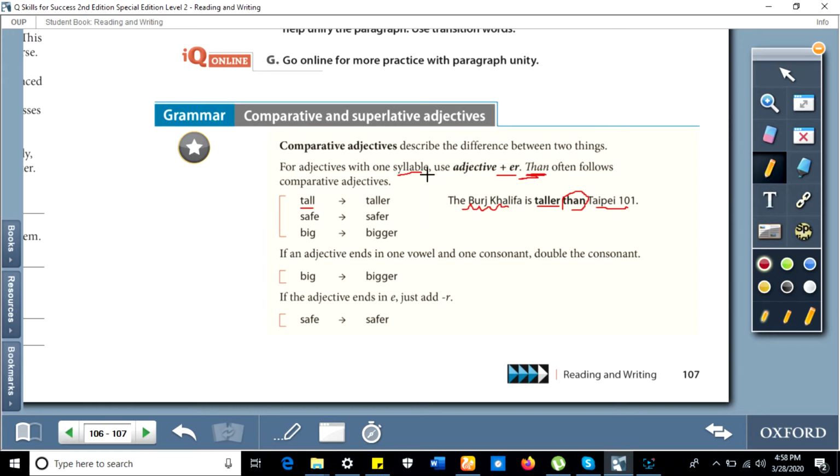How do we find out if it's one syllable, two syllables, or three syllables? Syllables are basically the sounds of the vowels. You know that we have the vowels A, E, I, O, U, right? And we also consider Y as a vowel as long as it sounds like the vowels, for example in the word "fry".